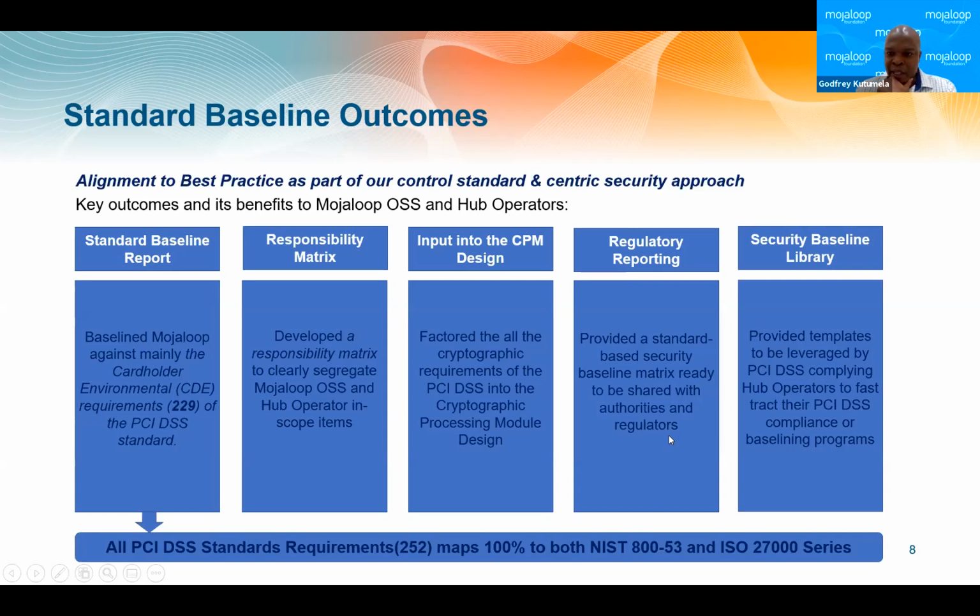Some of the benefits for the hub operators are that they'll have a very simple way of communicating information with external regulators and authorities, on something that is common to all of them and that they can accept. Over and above that is a common library that they can reutilize for their own internal exercises.